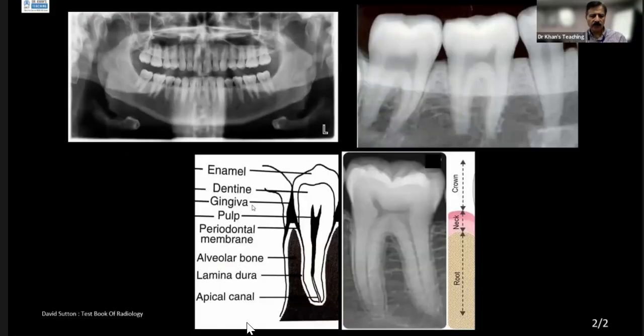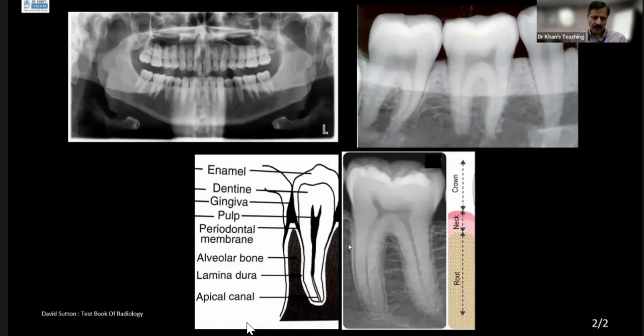As far as teeth are concerned, a few points to remember. So this is the gum. This will be the neck, and this is the crown of the tooth, and this is the root. If you look carefully, there will be a black line surrounding the tooth, which is the periodontal membrane.